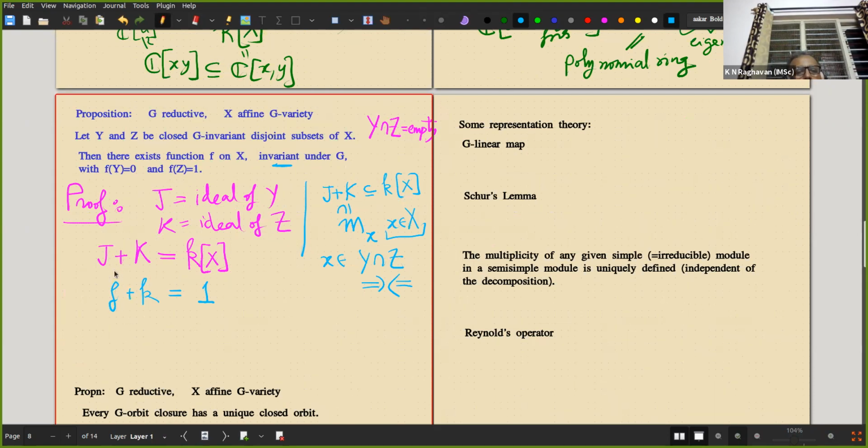So there is a function in J and a function in K such that they add up to 1. Now I claim this will do the job. Clearly f belongs to J, therefore f on Y equals 0. And if I evaluate this on Z, k on Z is 0, so f is 1 for all z in Z. So we would be done.